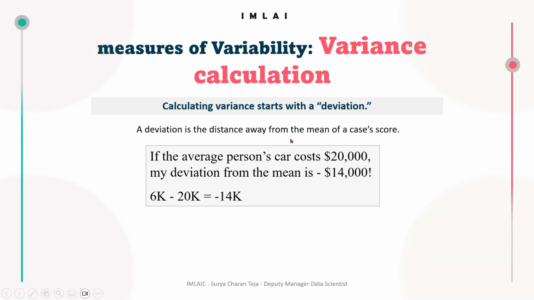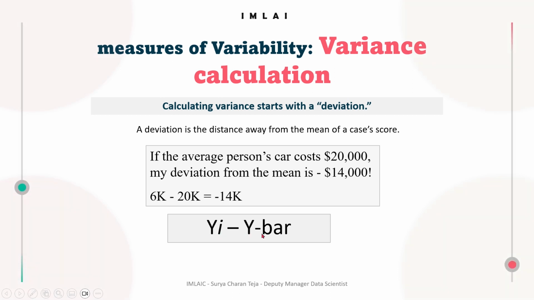Deviation is the distance away from the mean of a case score. So the formula is yi minus y bar, where yi is the individual score or individual value, and y bar is the average, the mean of the population.